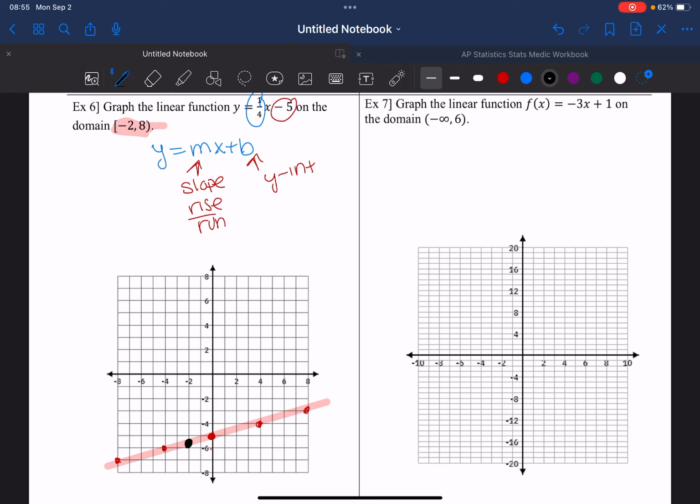And then it's going to go all the way to 8, but it's not going to include the 8, so I have an open circle. What I did in black is my answer. I did my line, and then after I did that, I created my restriction.